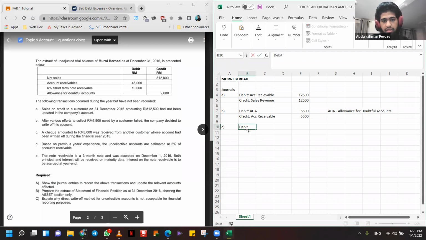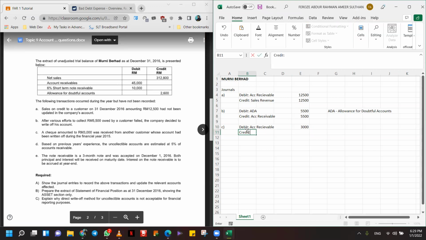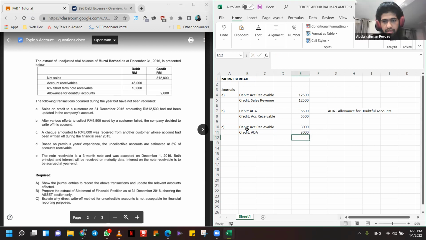Here we debit accounts receivable, which is how much was it? 3,000. And you credit ADA, right? This is the first entry.